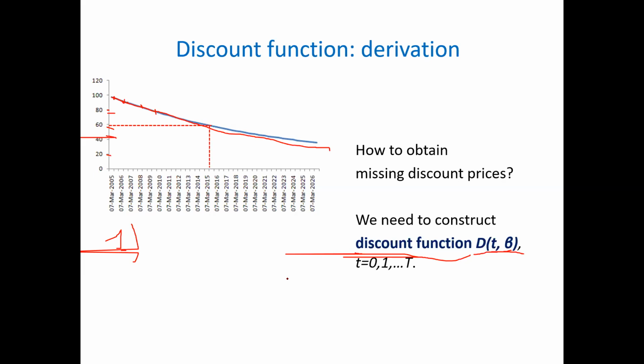Downward sloping means that this dependency is, how to say it, inverse or negative. So anyway, as time to maturity increases, the discount price decreases.